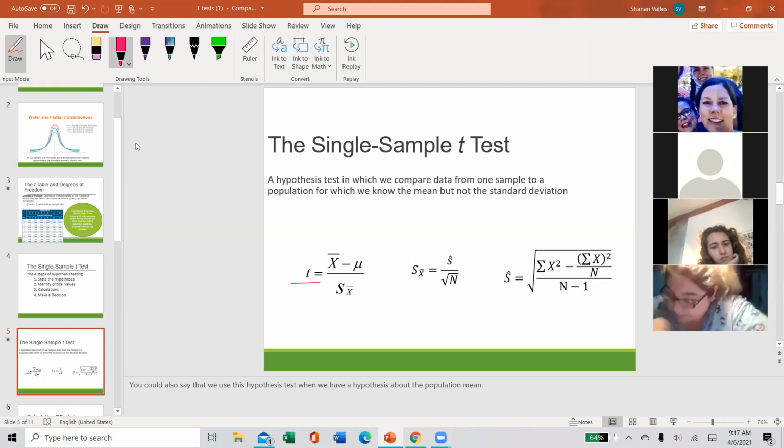If our t-value is big enough and it goes beyond our critical value, then that's when we get to reject the null hypothesis. Ultimately the t-value is going to be our most important number in these calculations.